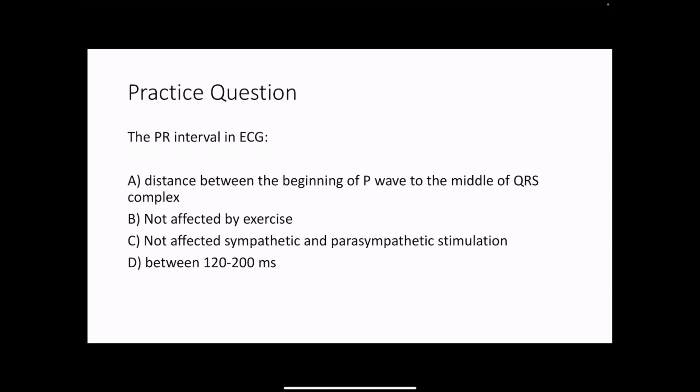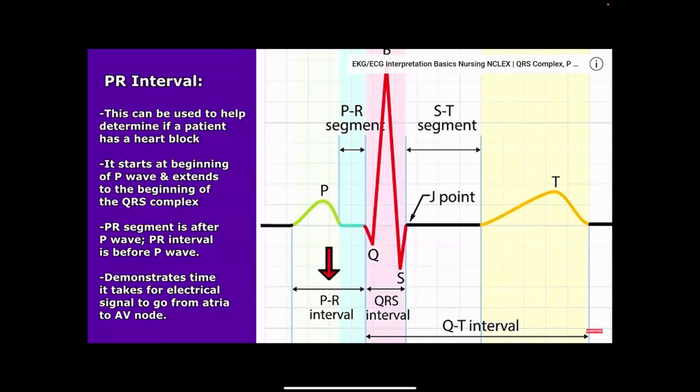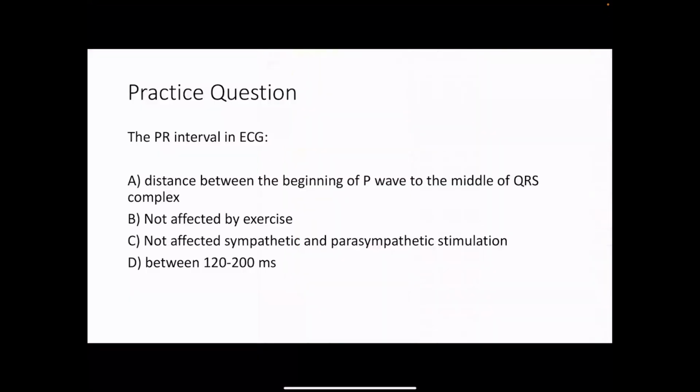The PR interval, like we said, this is the PR interval. It's where the atria are contracting and then we have the delay from the SA node to the AV node. When you are exercising or there's sympathetic stimulation, fight or flight, this will become shorter because your heartbeat will be way faster. So it is affected by innervation. So it's not this one and it's not this one.